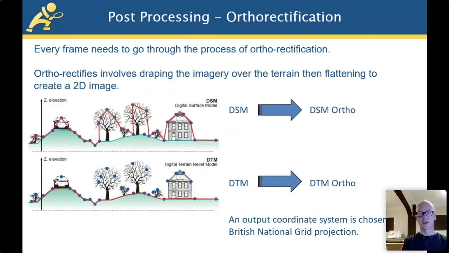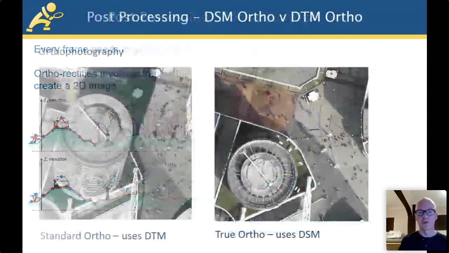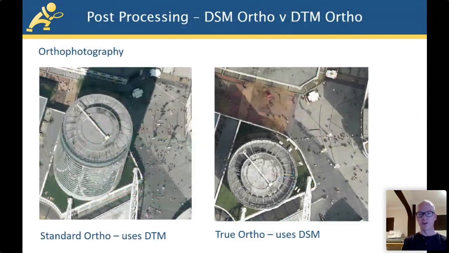But if you're using a surface model, you've got all this extra information in 3D of every building and every tree, and it gives you a massive amount of information to be able to flatten that image accurately into a 2D mapping projection. So the next slide will show the difference. So on the right we're using a DSM, and because you've got all that 3D information, what it will do is choose the most vertical photograph for that individual pixel, and therefore you get a very vertical image of the Earth.